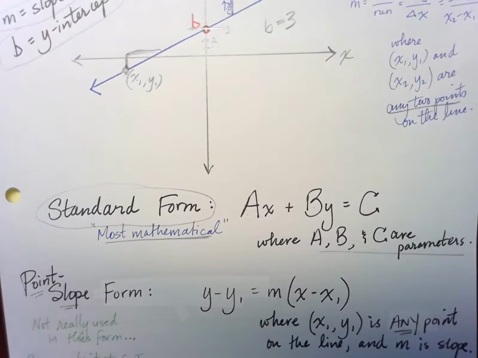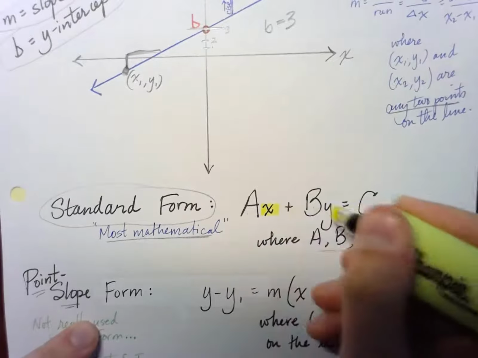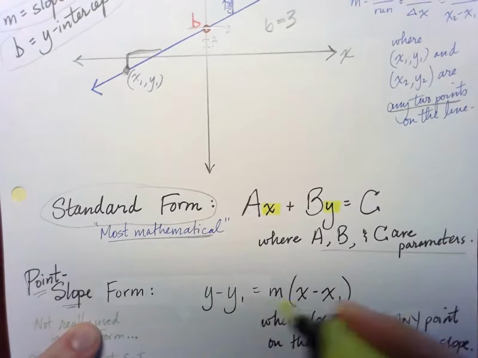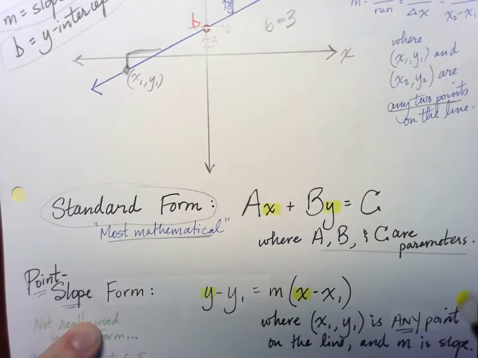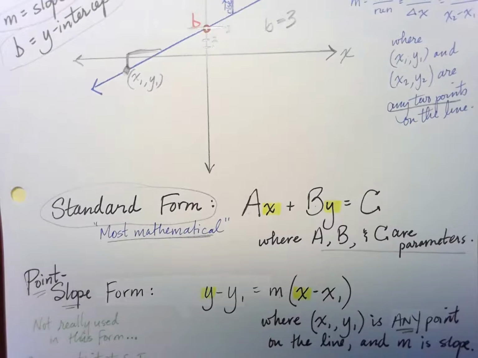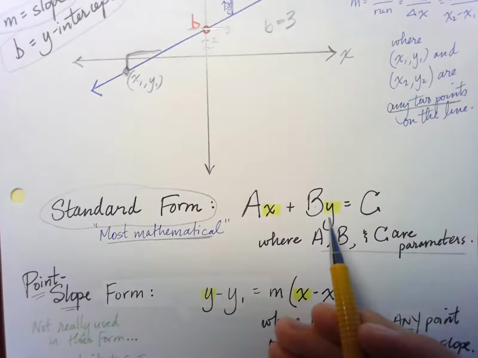Notice what we're seeing here: we have an x and a y in both of these forms that don't go anywhere. The reason is that for any line, no matter what form you have, you'll have x and y variables.